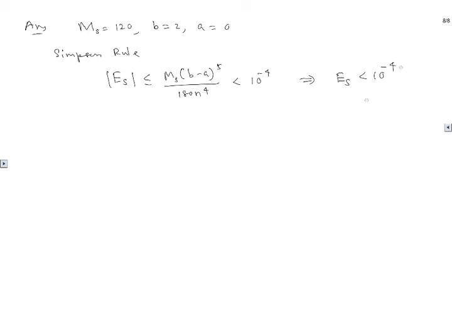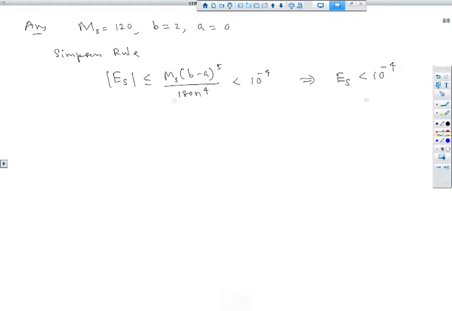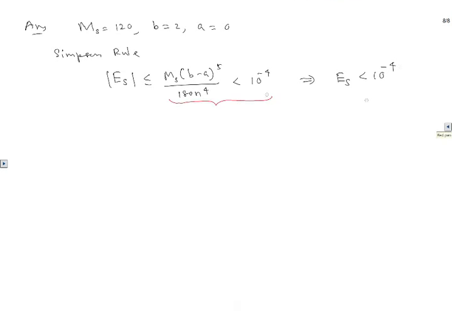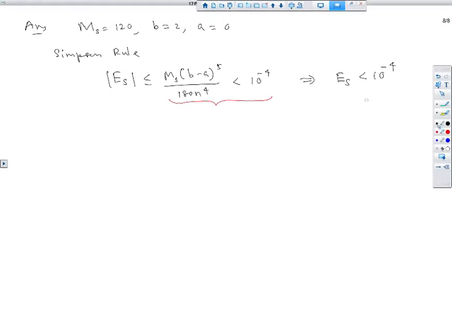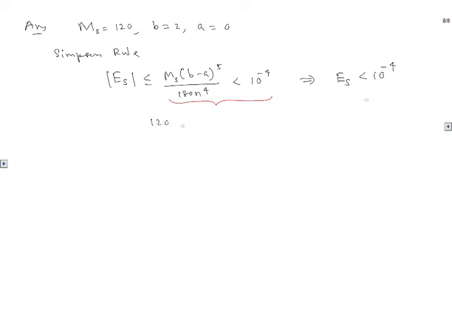So that's what we do. We can bound that part. Now we can complete the calculation. We plug in here: 120 times (2 minus 0) to the 5th power, divided by 180 n to the 4th, which is less than 10 to the negative 4.